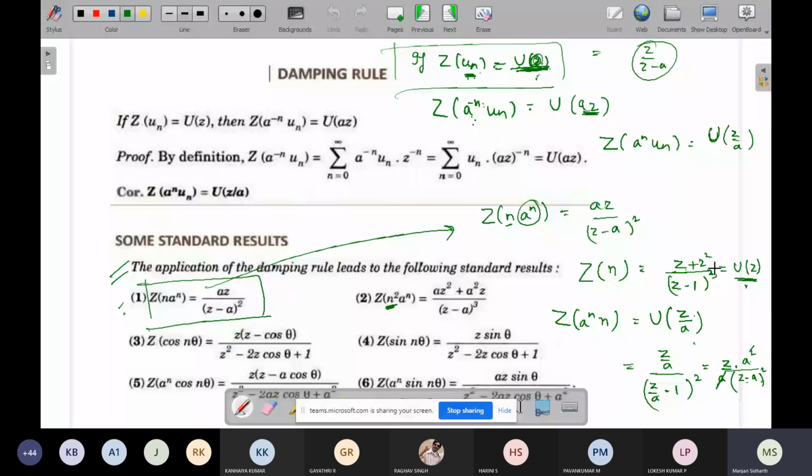To prove this, now it is U(z) and it is multiplied with a positive power of n, so we replace this z by z by a, in the whole square and cube. So you will get this formula. Now these z cosine theta and z sine theta, these two we'll discuss in the next class.